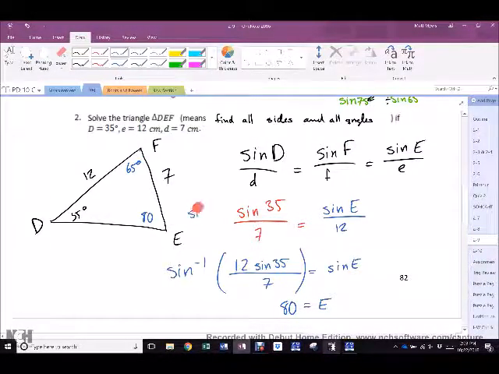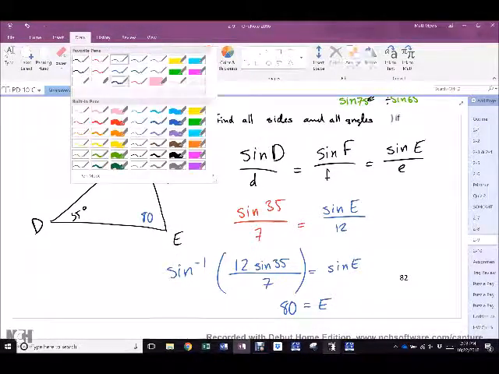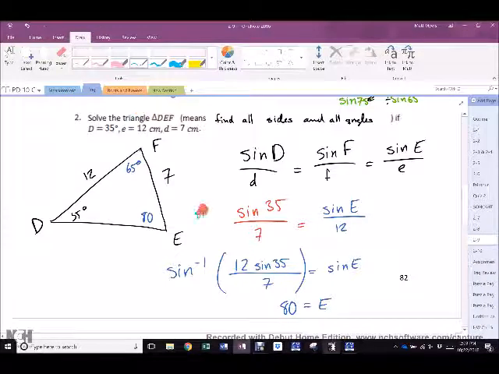And now you have, I will change color, sine of 65 over what? Little f, because I don't know little f. What do I see? How will I get f by itself? Not Pythagoras.